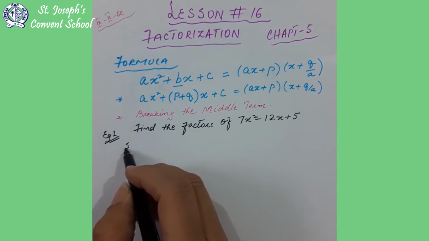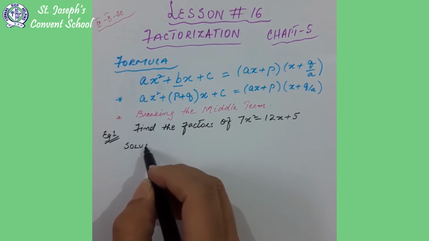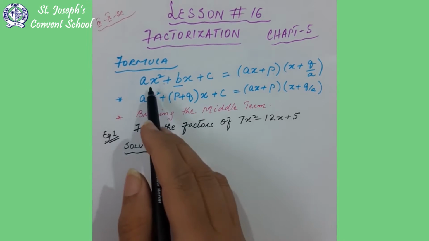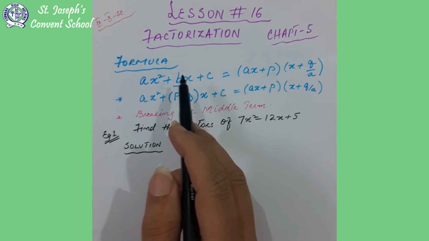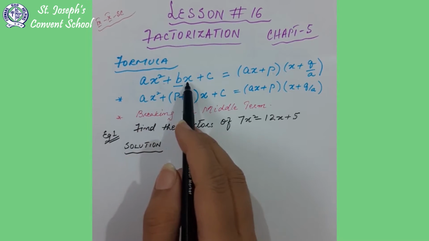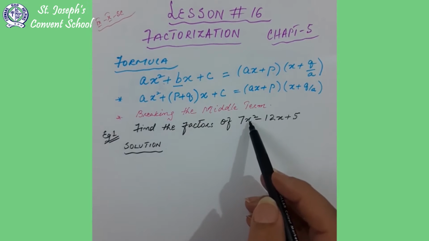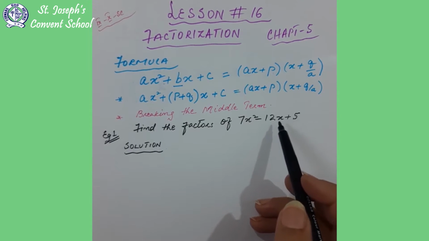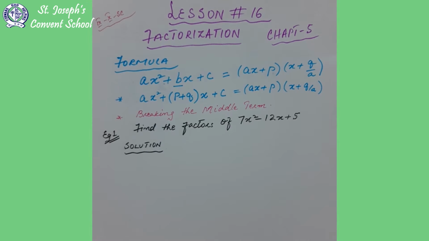In the question you can see three terms are given. Now you will compare these three terms with the left hand side, ax square plus bx plus c. Three terms are given. Now what we are going to do, we will break the middle term.